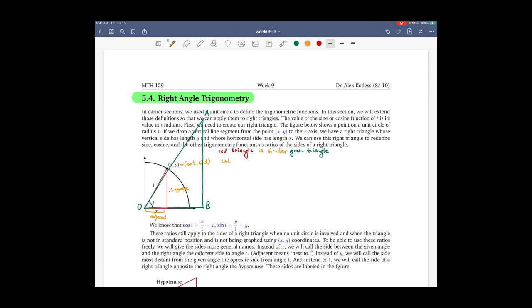For example, cosine t, which in the red triangle is x, is of course x divided by 1. And we view this ratio x divided by 1 as the ratio of two sides in the red triangle: the adjacent leg over hypotenuse.